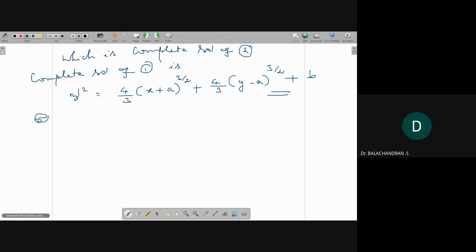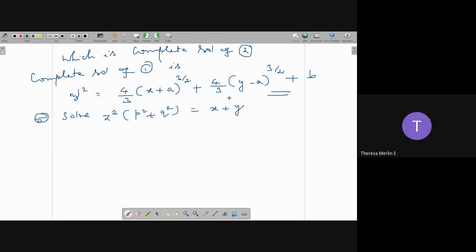Yeah, fifth problem. Solve z square into p square plus q square is equal to x plus y.